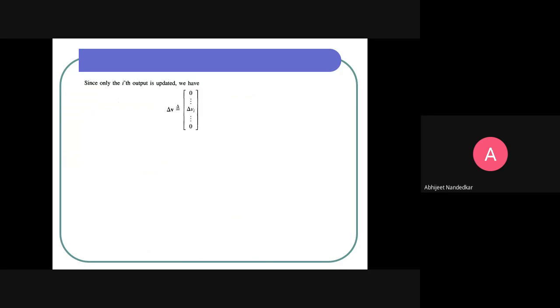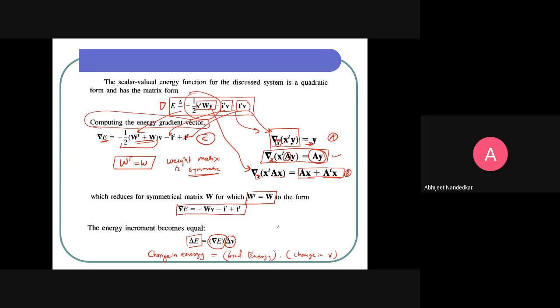Now what we do, since only one output is allowed to update at a time. I think I have discussed in the last class that we will allow only one neuron to update its weight, update its output. So in that case, change in V, this is a vector, there are many neurons here, so you can write this as delta V1, then delta V2, and so on, up to how many neurons you have.